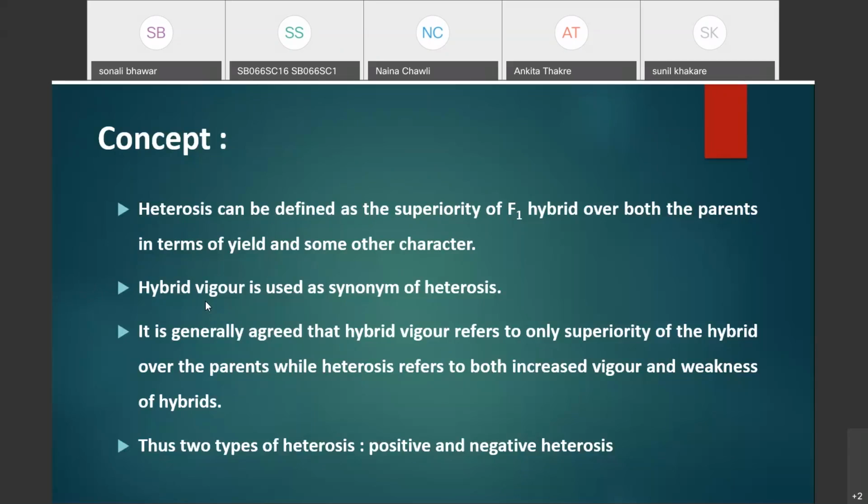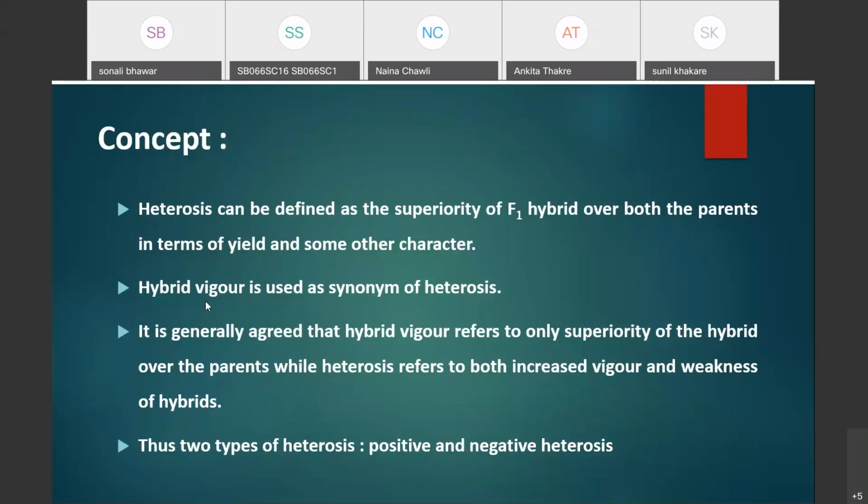Therefore, it is generally agreed that hybrid vigor refers only to superiority of the hybrid over the parent. When the hybrid produced by crossing is superior to its parents, that phenomenon is referred to as hybrid vigor.